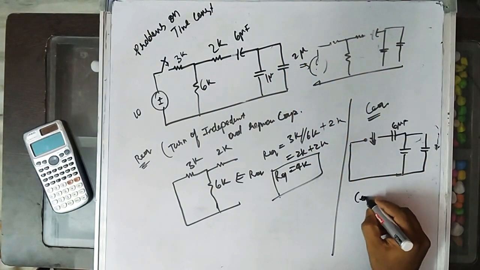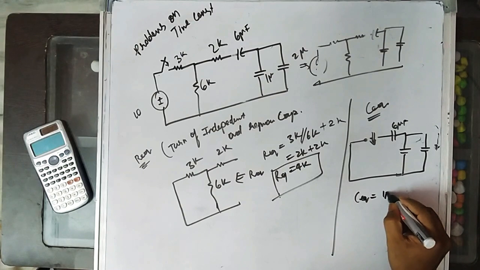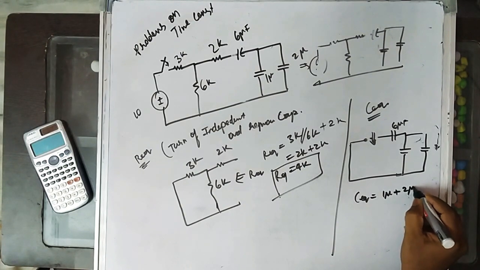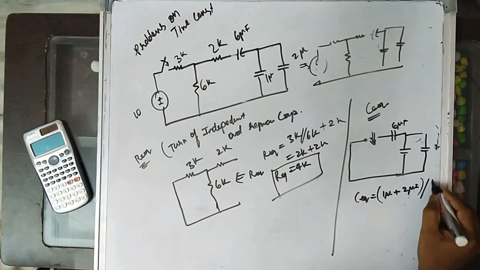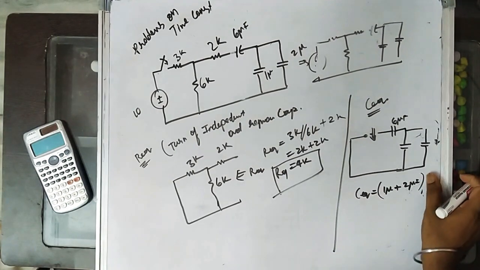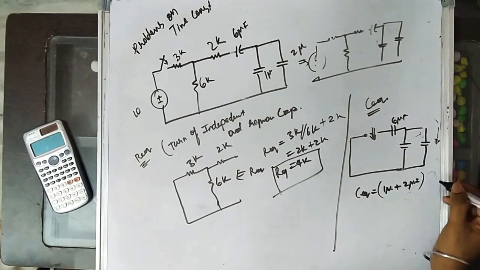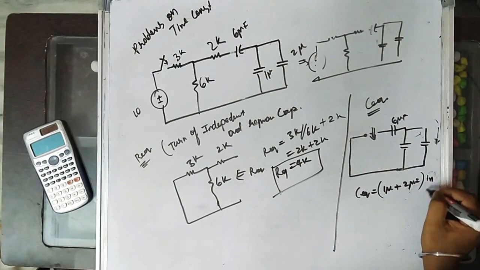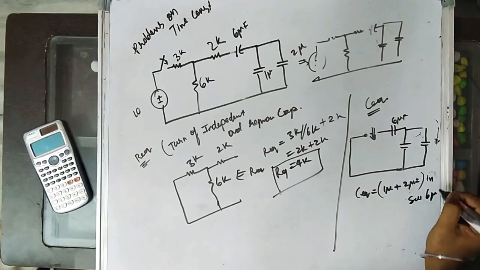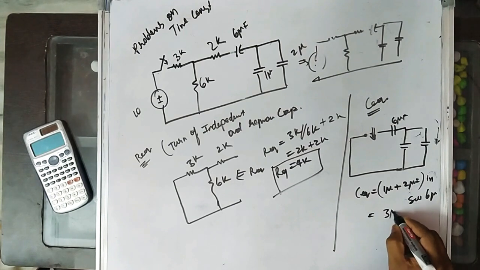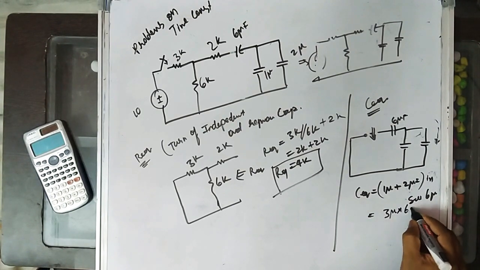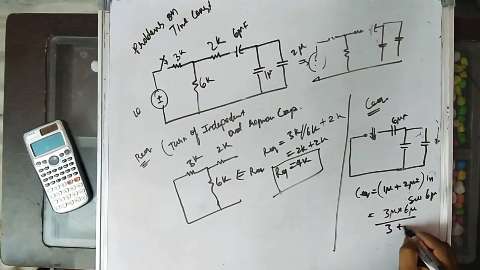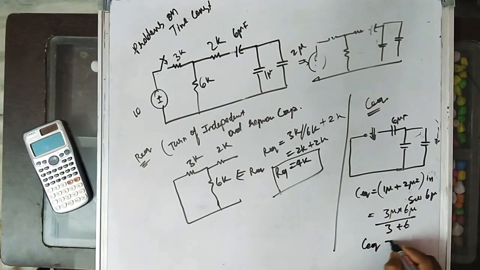C equivalent is 1 microfarad plus 2 microfarad in parallel, in series with 6 microfarad. That is 3 microfarad into 6 microfarad by 3 plus 6, so C equivalent is 2 microfarad.